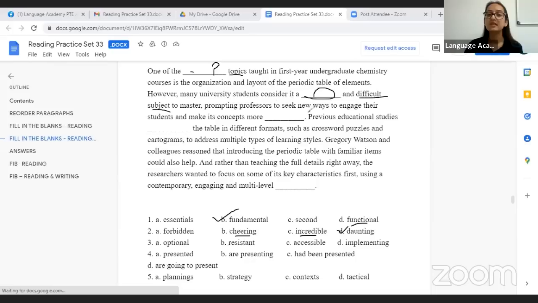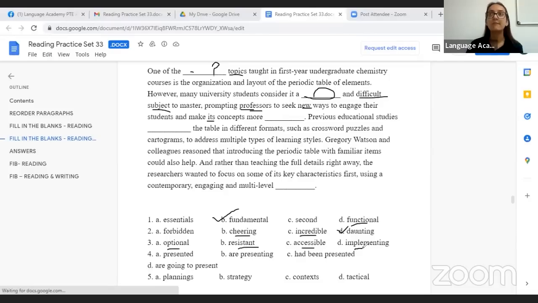Prompting professors to seek new ways to engage their students and make its concepts more dash. Because students feel the subject is difficult and fearful, professors try to find new ways to engage them and make the concepts of the subject more dash. The options are optional, resistant, accessible, or implementing.